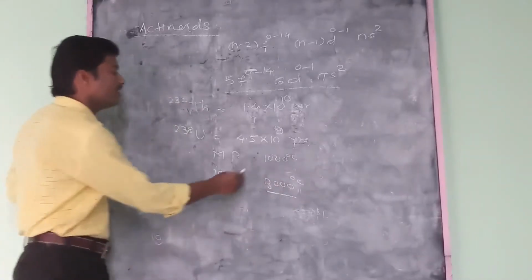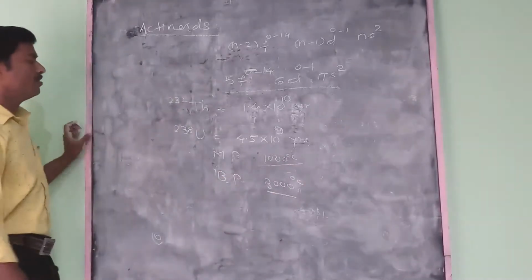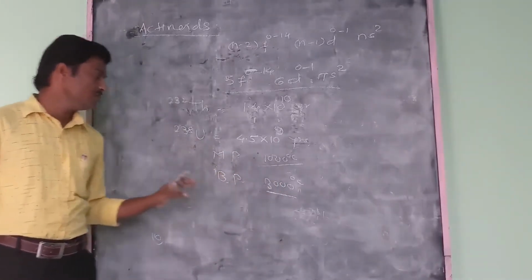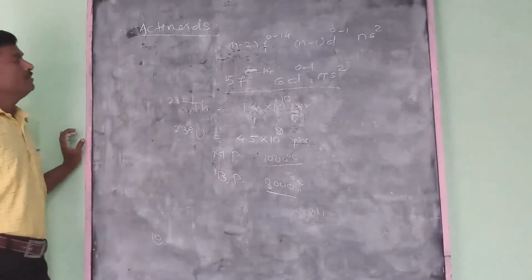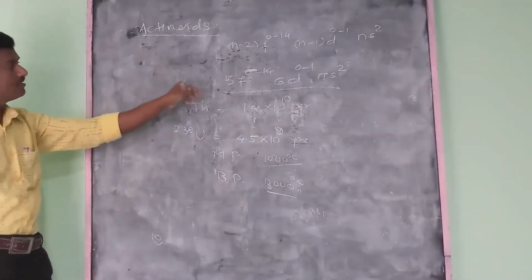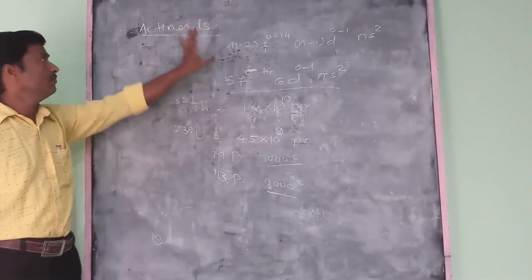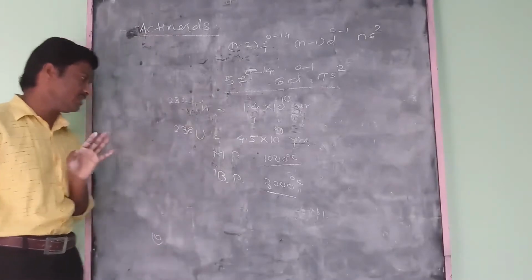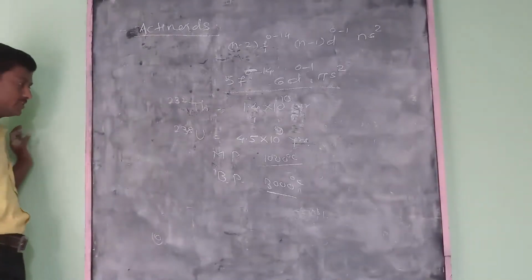Then next, these elements, the actinoids, are less reactive than lanthanoids.